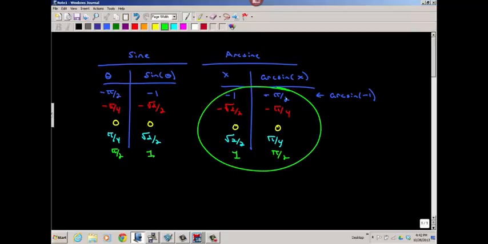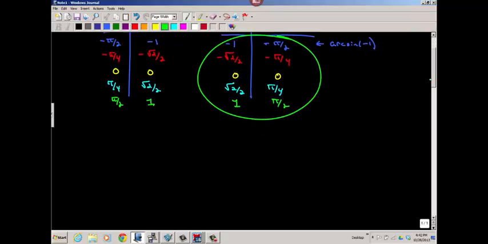These values over here, if you graph them, our inputs are our x, and our outputs are our angles, which is the arcsine of x. So we go from -1 to +1, those are our inputs, and our output values go from -pi/2 to pi/2.